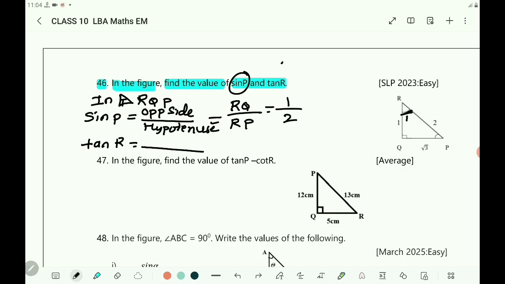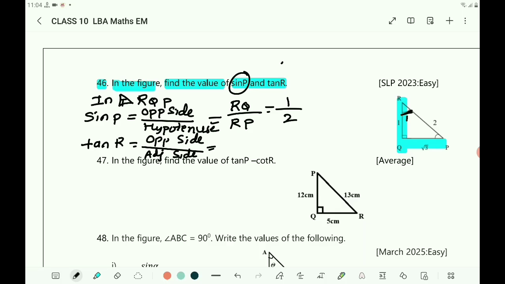Tan is opposite side by adjacent side. For R, what is the opposite side? PQ is the opposite side. And what is the adjacent side? Adjacent side is RQ. So it is PQ by RQ.